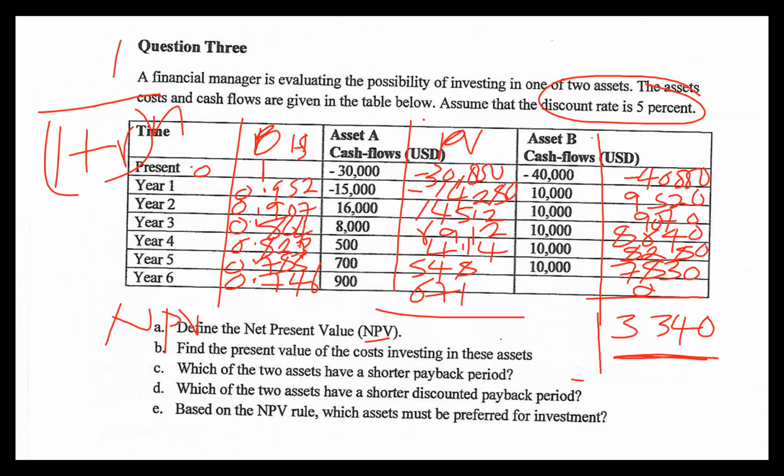What do you find? You have to total up all these which are positive, then subtract these which are negative.